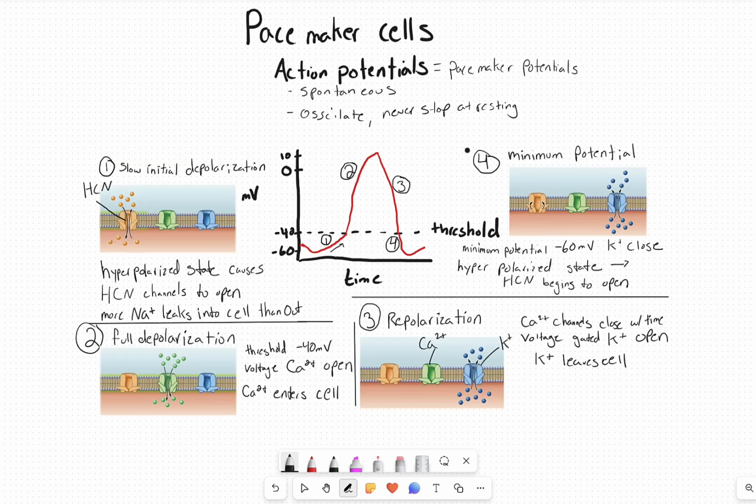So the end of step 4, where the HCN channels begin to open, is going to trigger step 1 again, where the HCN channels allow sodium to leak in faster than it leaves. And this is going to allow this action potential cycle to continuously repeat, causing that pacemaker rhythm of the heart.